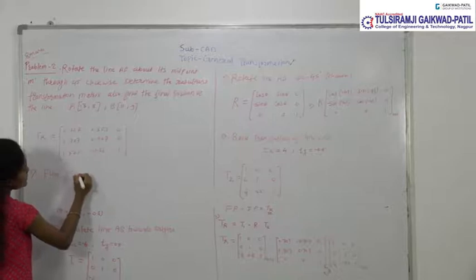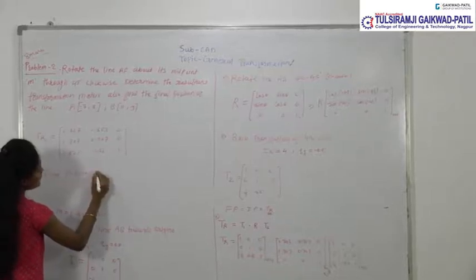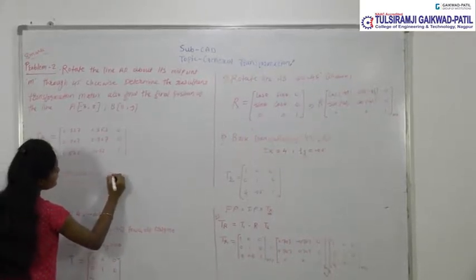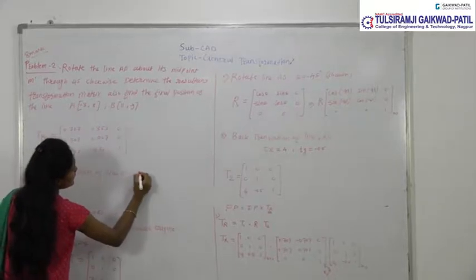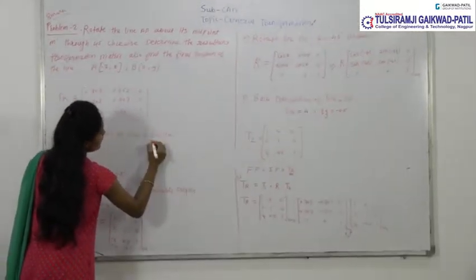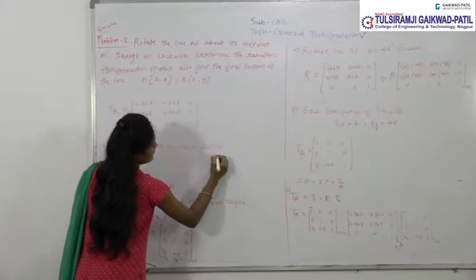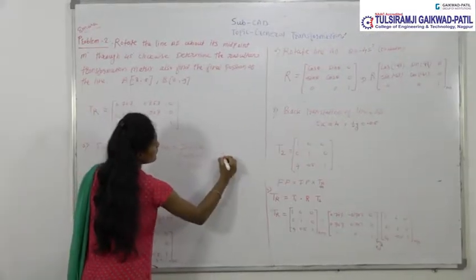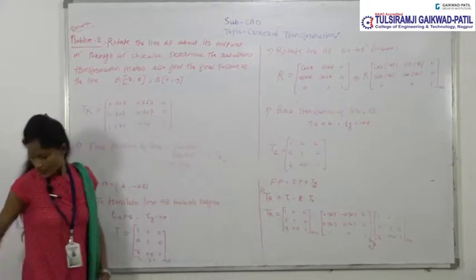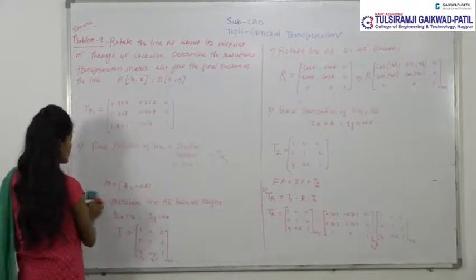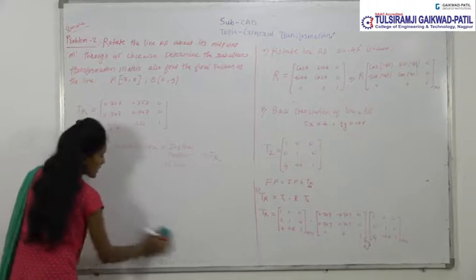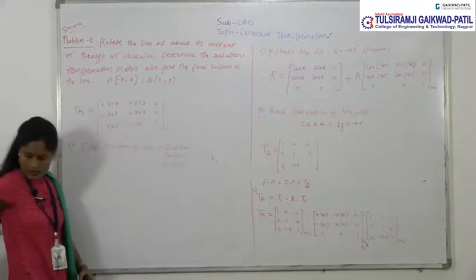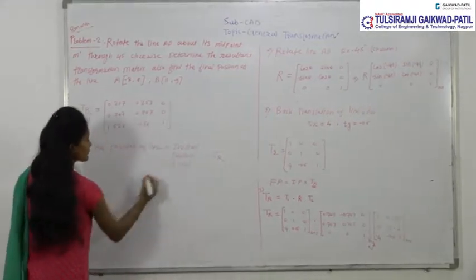So for the final position of line, the standard formula is initial position of line into total resultant matrix. Initial position of line into total resultant matrix. So write this initial position in matrix form.